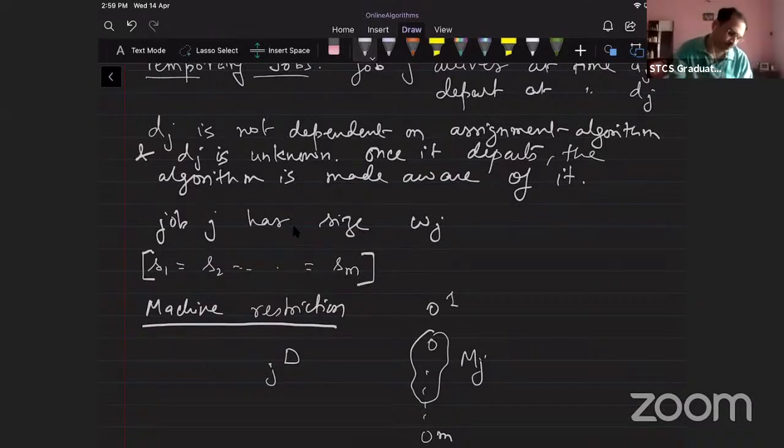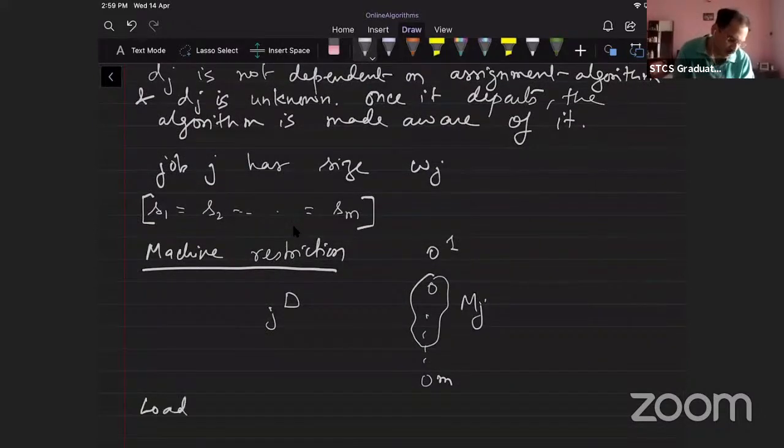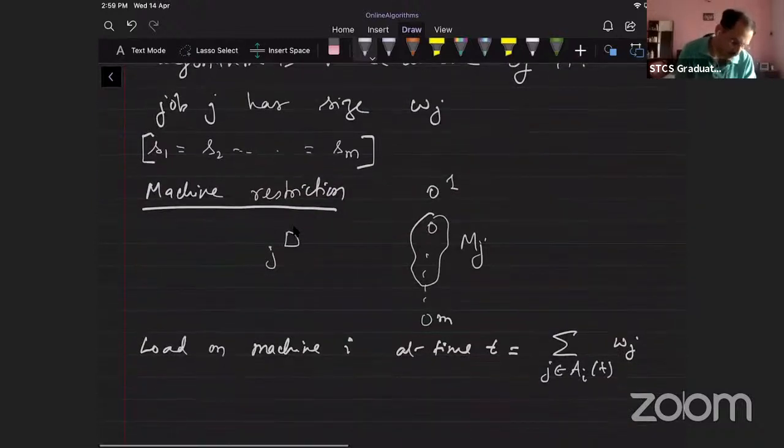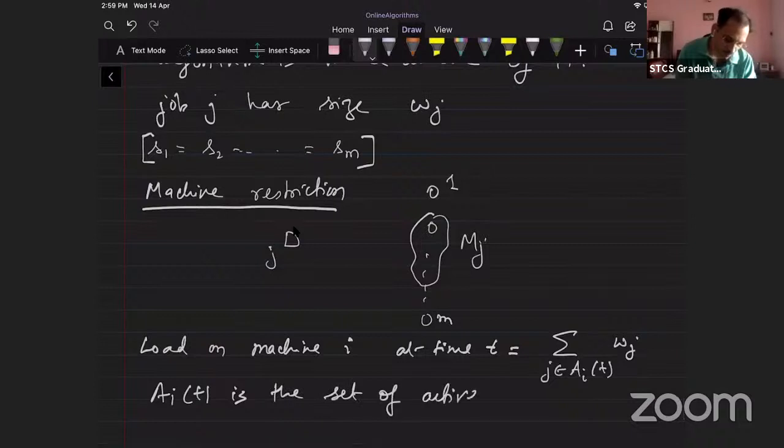Is the setting clear? So the load on any machine, as before, is equal to the sum of, now time is important, at time t, the summation of all jobs j which are active on machine i, A_i(t) Wj, where A_i(t) is the set of active jobs. By active, I mean ones which have arrived but not departed at time t.